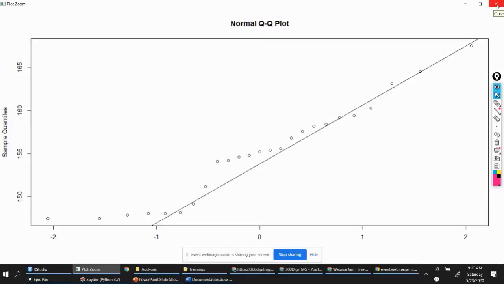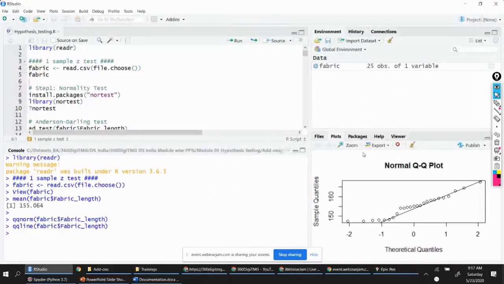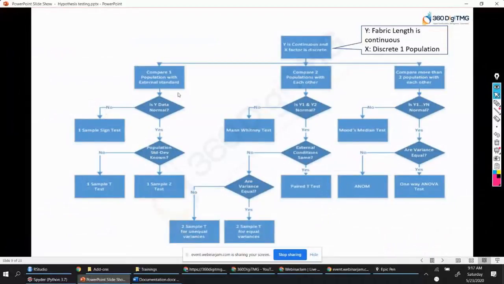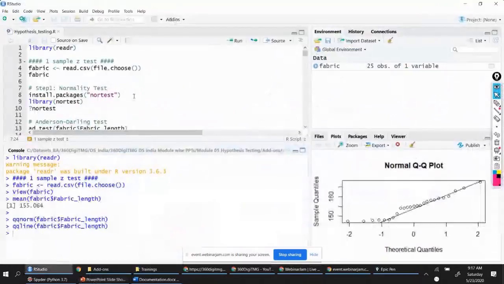So what we are doing now here is, we have to quantify it. We have to mathematically use certain tests and measure that normality. And there are different tests that can be followed here. And what I am doing here is an Anderson-Darling test.